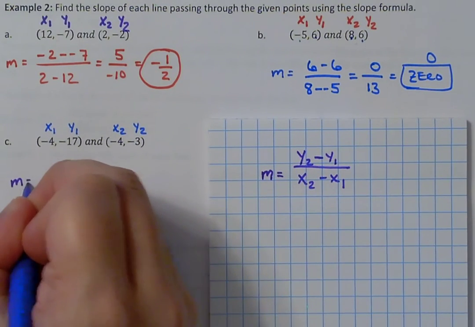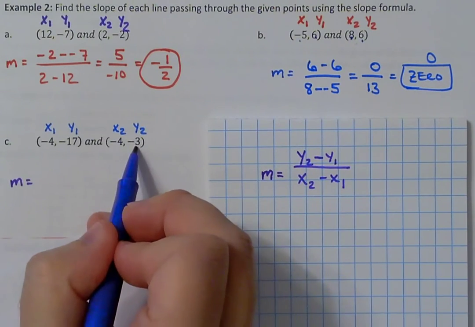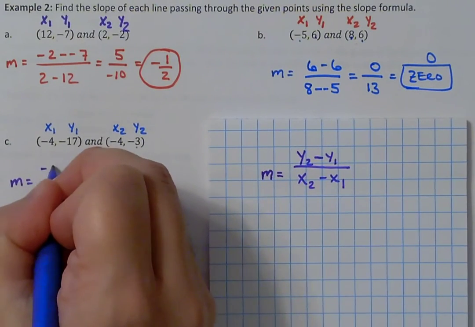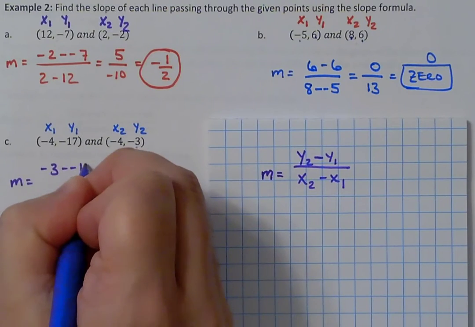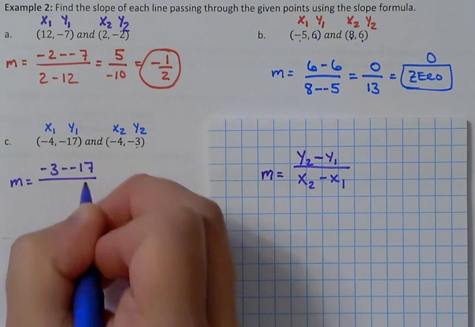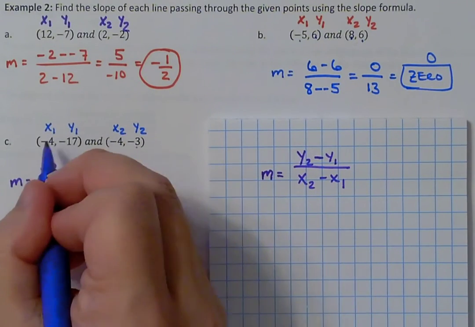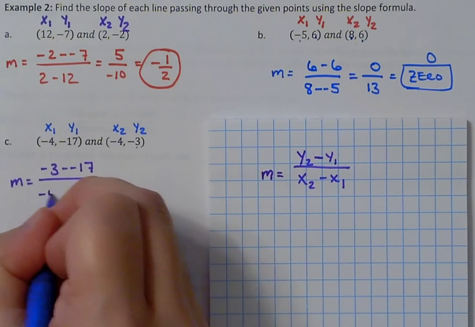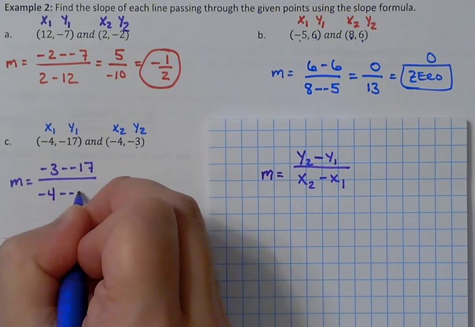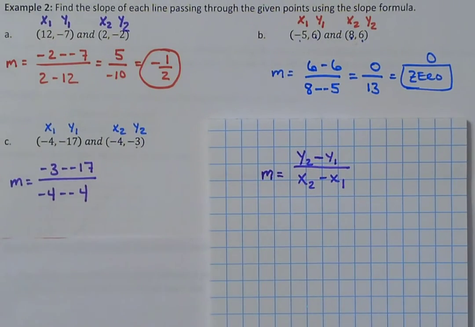So m equals y2 minus y1, so negative 3 minus the negative 17, over x2 minus x1, so it's going to be negative 4 minus a negative 4. All right, so now we need to go through and do our simplifying on top and then simplify on the bottom, and then see if we can simplify our fraction from there.